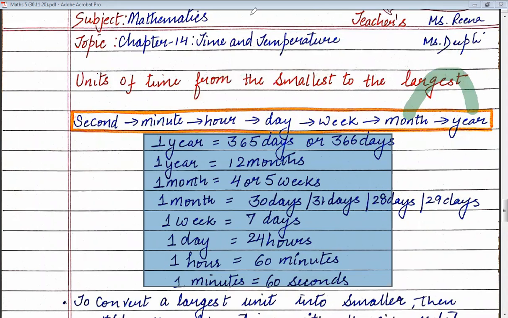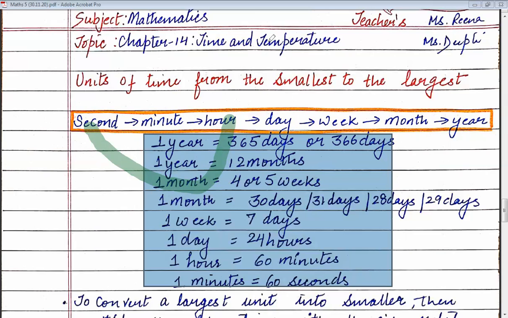If you're converting the largest unit into smaller, you will multiply. While converting a smaller unit into bigger, you will divide. Again, I'm repeating: if you are converting seconds into hours, then you will divide.